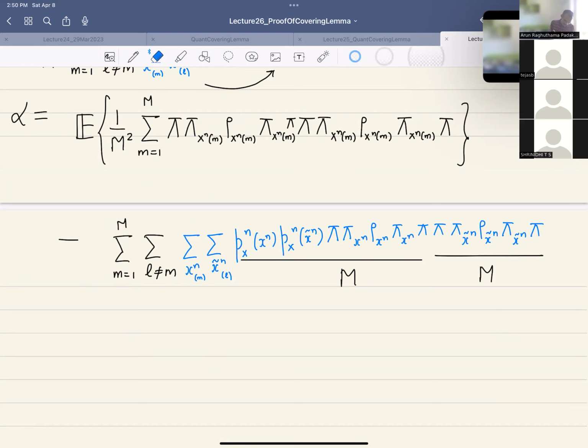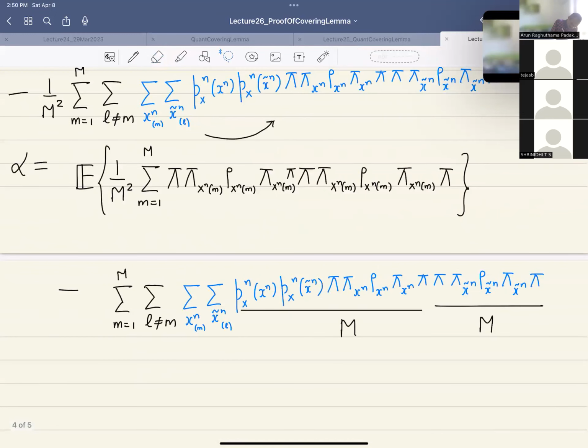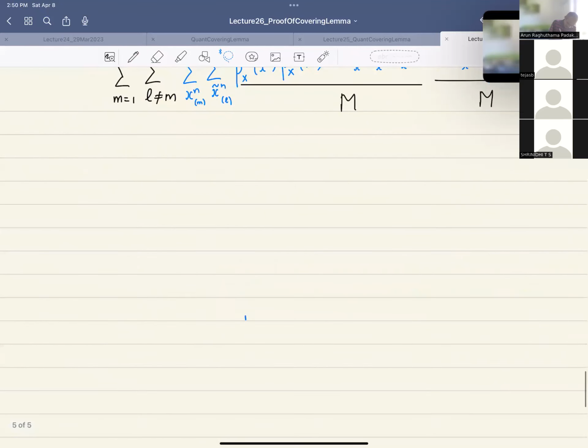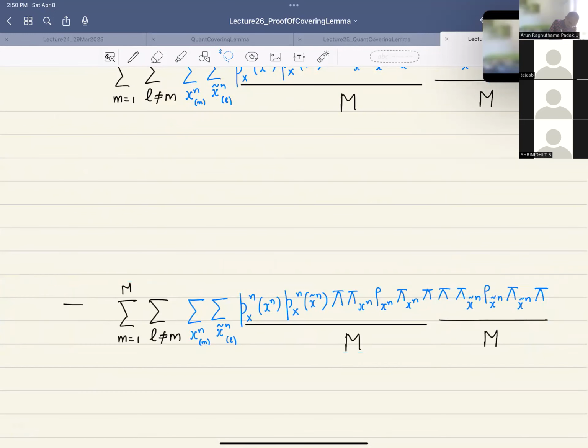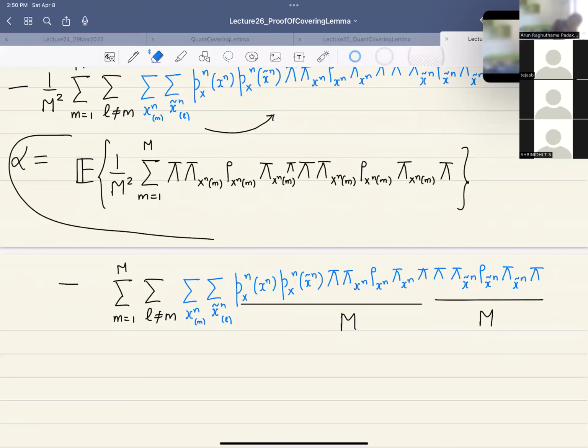So this I claim is just this. I'm going to do this one more time. I'm repeating some steps in an unorderly fashion, but it's okay. It just gives you some time to see.